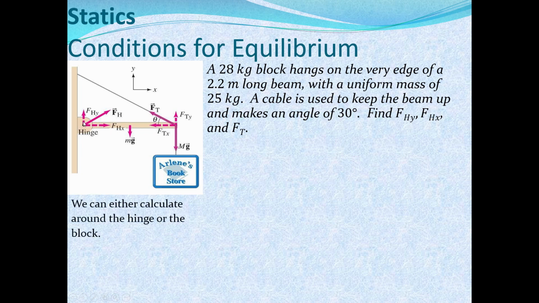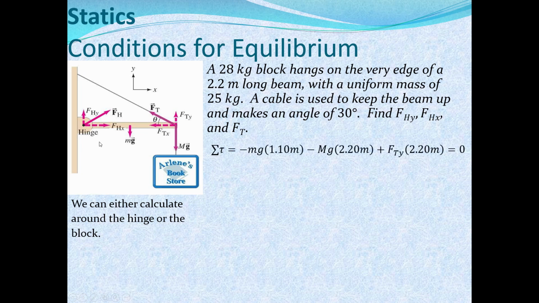I could put the pivot here and find this vertical tension, or I could put the pivot over here and find the vertical component of the hinge. Either way, it doesn't change the work. All it changes is the order in which I find things. You can actually try this out at home and see that it doesn't matter. You'll still get the same vertical components regardless.